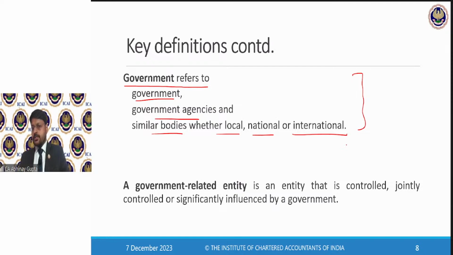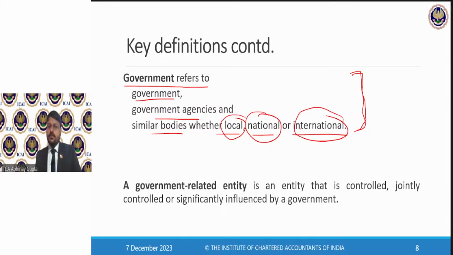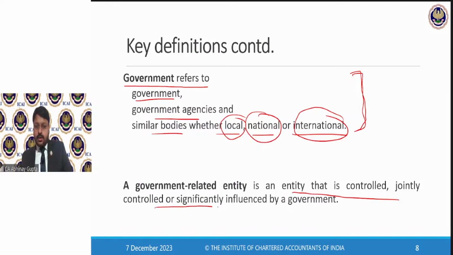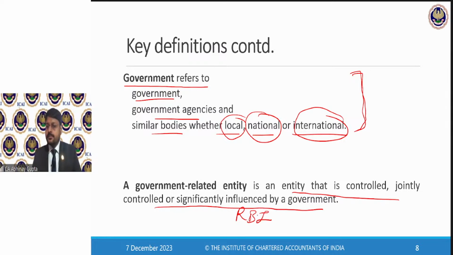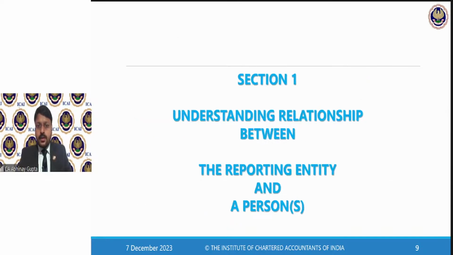That we will see in the definition of related party. But certainly, the government of USA will be covered in the definition of government, because the definition says local, national, or international. Any government will be a government, right? A government related entity is an entity that is controlled, jointly controlled, or significantly influenced by a government, right? This definition we have already discussed previously, no problem.